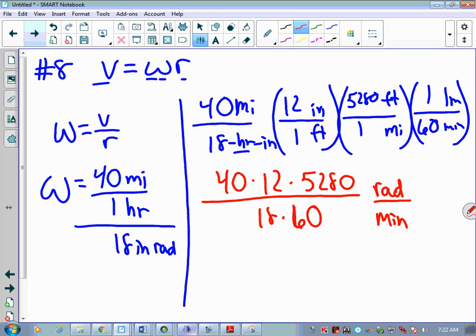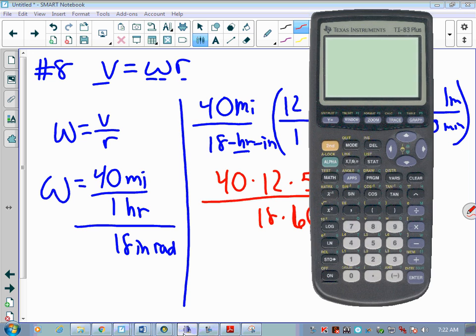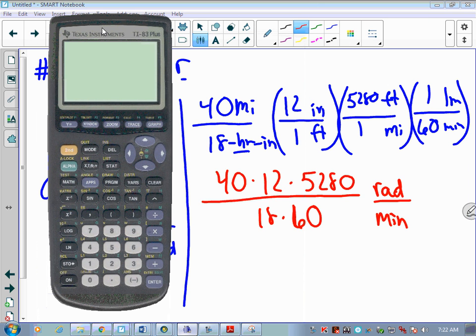So our final decimal answer on this: 40 times 12 times 5,280, close the parentheses so I can do everything at once, divided by 18 times 60.